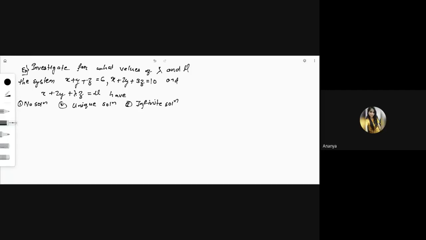So lambda equal to 3 and mu not equal to 10 for no solution. And for unique solution, lambda not equal to 3 and mu, any value can be taken.